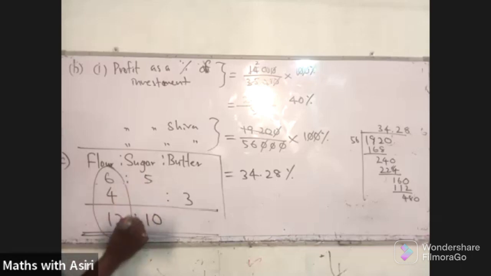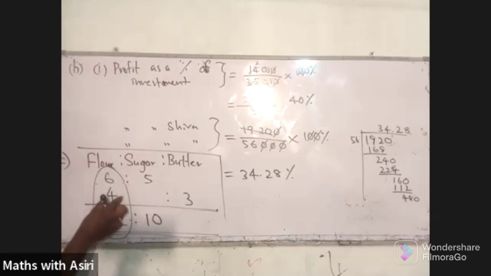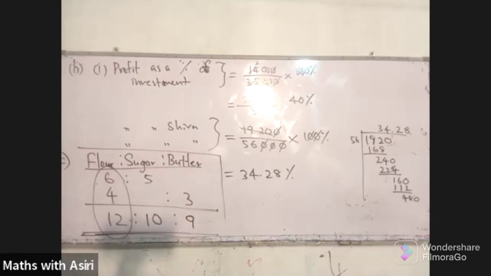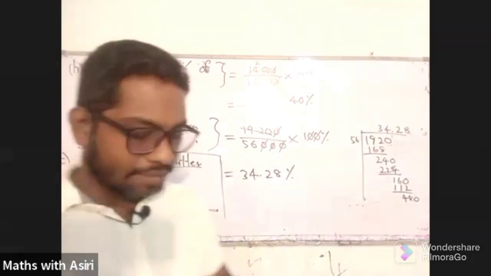That becomes 10. To convert 4 into 12, multiply by 3, so the next term also multiply by 3. Then this is the compound ratio of flour to sugar to butter to be mixed.